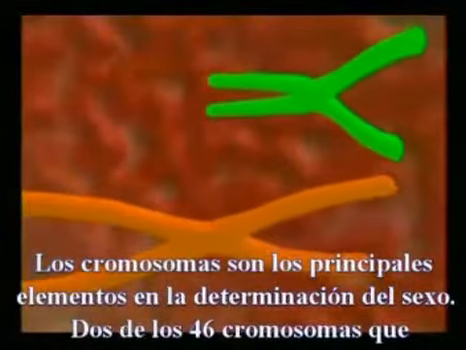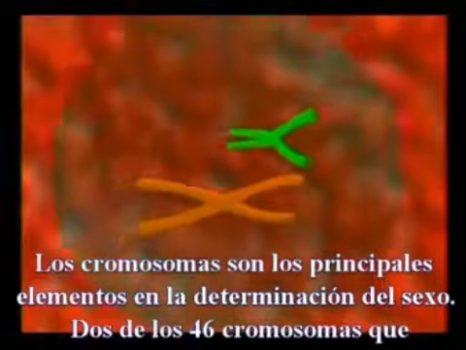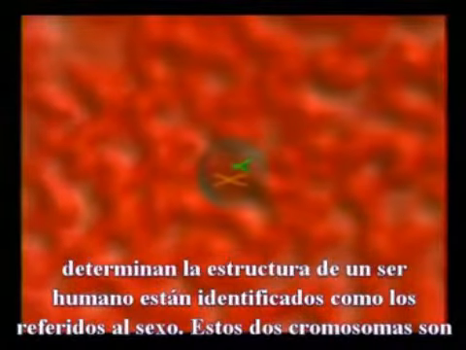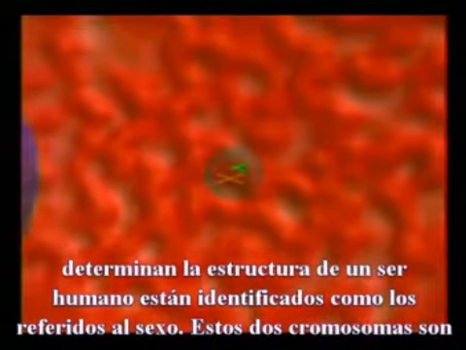It is now understood that sex is determined by sperm cells coming from the male, and that the female has no role in the process. Chromosomes are the main elements in determining sex. 2 of the 46 chromosomes that determine the structure of a human being are identified as the sex chromosomes.